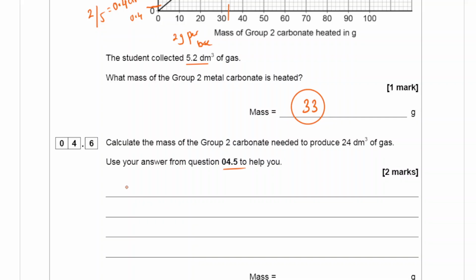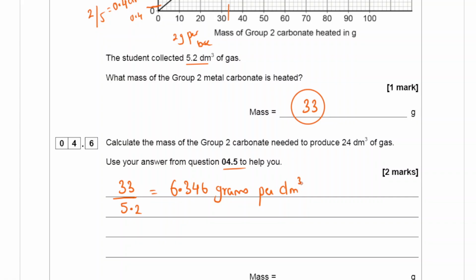If I take 33 and divide that by 5.2, I would get 6.346 grams per dm cube.